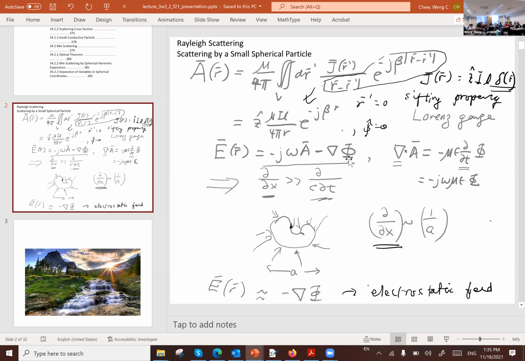Essentially we can deal with electrostatics, where you describe the E field as the negative gradient of the scalar potential. So we can solve this problem very close to the source, as you have done in your homework, treating it as a Laplace problem or static problem.